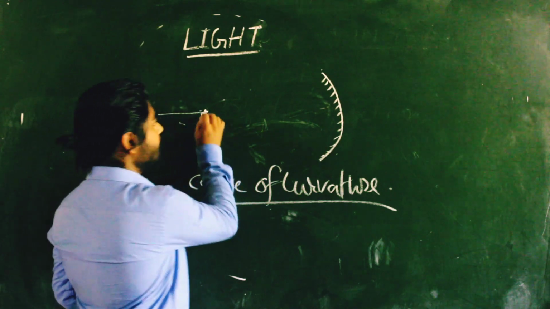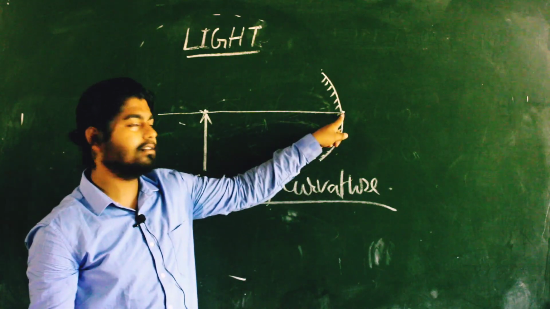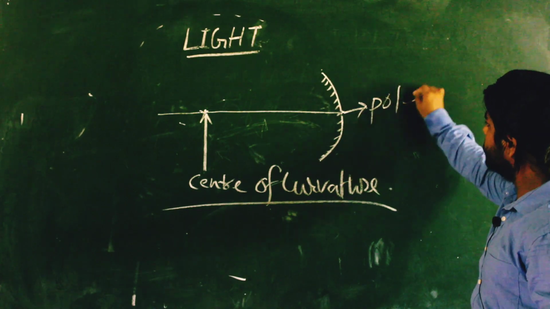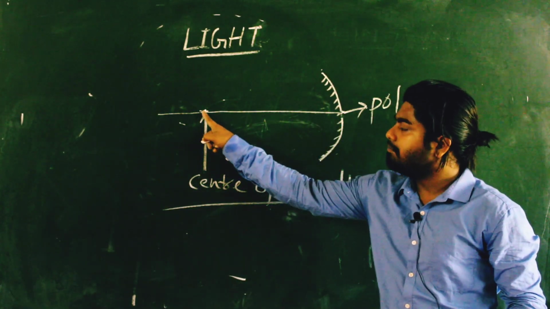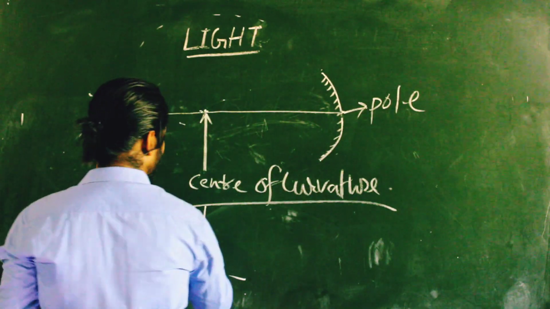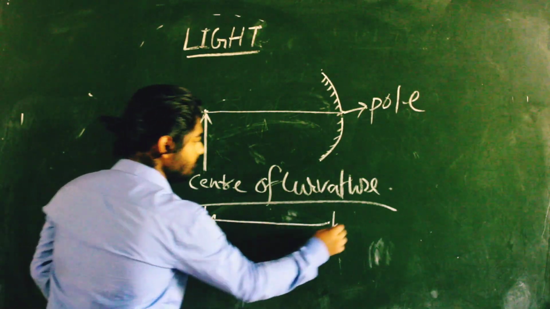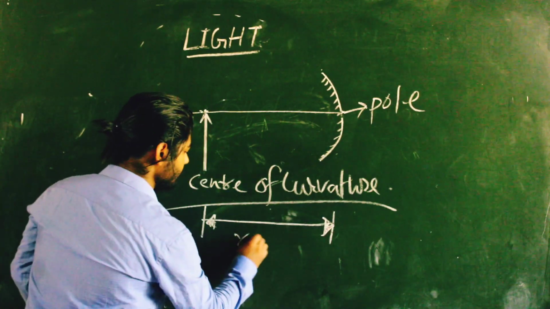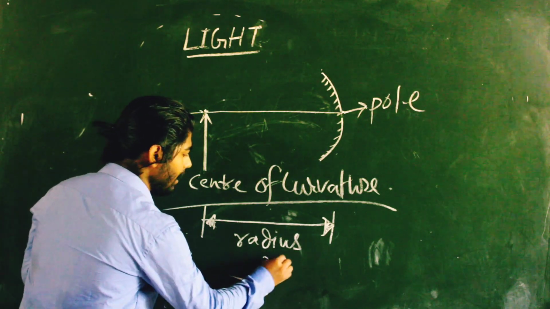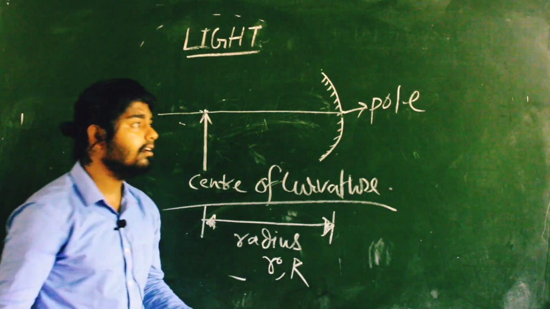And this line from the center of curvature to the mirror, the point where it strikes the mirror, is called the pole. The distance between the pole and the center of curvature is called the radius, which is denoted by small r or sometimes capital R. It depends on the book which you are reading.